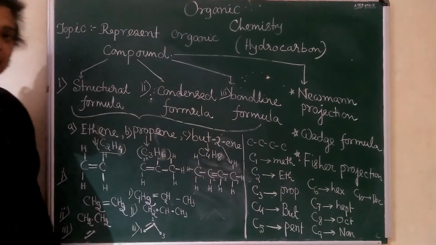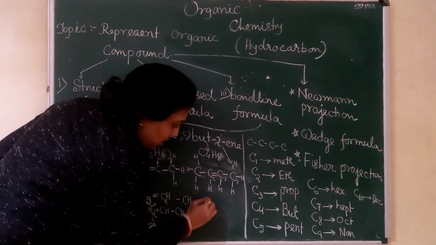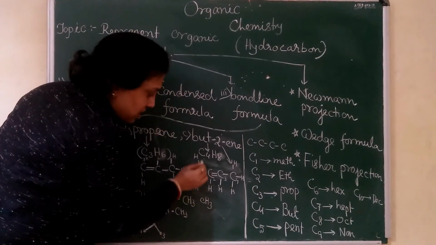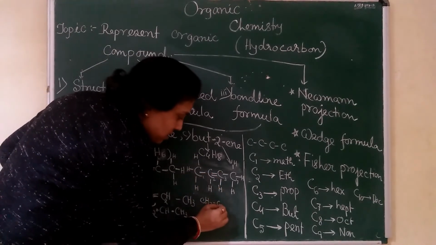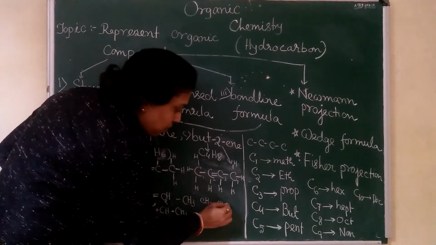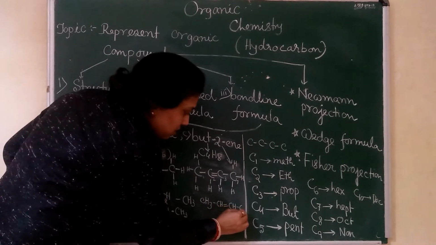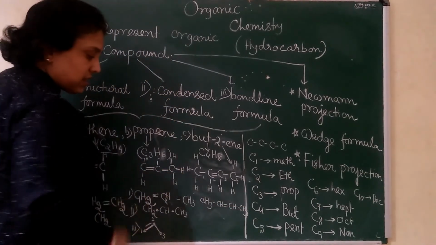This is the structural way you are representing. Another way of structural only: CH3, you just have to count. CH3, single bond. Now this carbon CH, double bond, CH, single bond, CH3. Okay. Now this is structural.